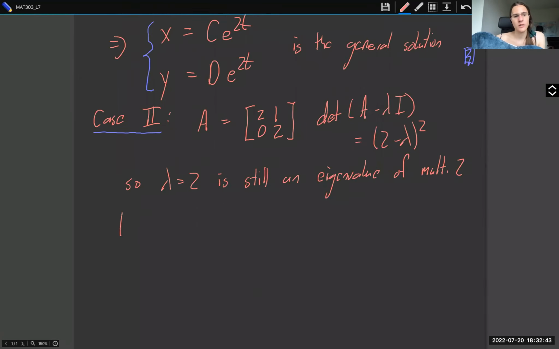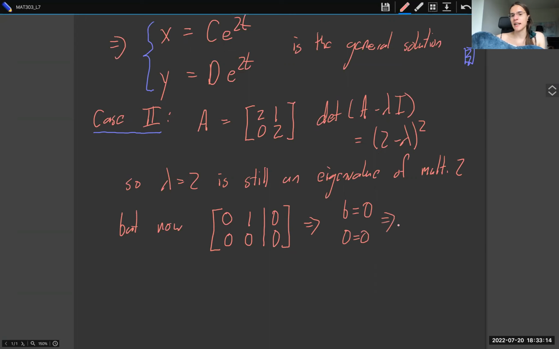But now, if we try and solve for the kernel of A minus lambda I, then we get 0, 1, 0, 0. And we're trying to solve for something in the kernel, so we put 0, 0 here. And so what that tells us is that if the eigenvector is of the form A, B, then B equals 0, right? And then 0 equals 0, which is fine. That tells us that we can let A be anything we want, and it would still satisfy these two equations.